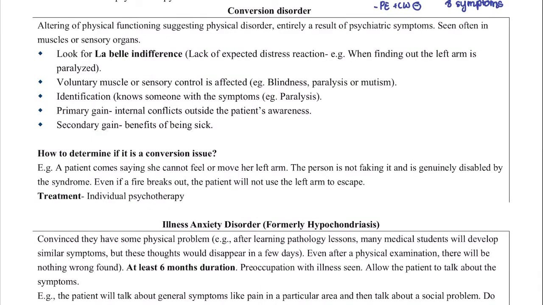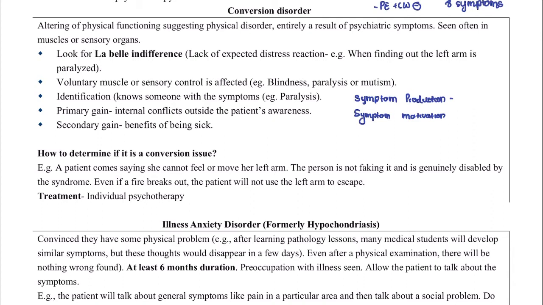Now, before we go into conversion disorder, it's important to understand two things: symptom production and symptom motivation. Symptom production is the production of symptoms. Is the person aware of producing the symptoms, or unaware?